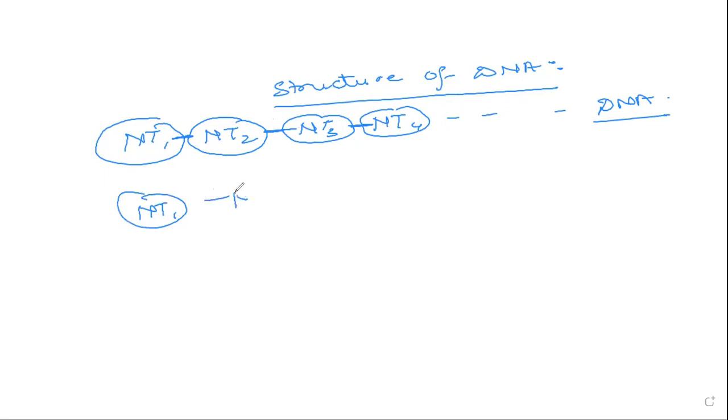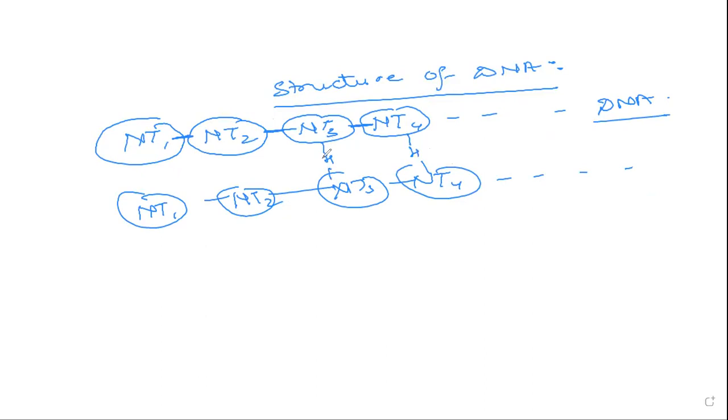And these 2 chains are joined together by hydrogen bonds, because they will have base pairs in between, and these base pairs are joined by the hydrogen bond. What were these base pairs? These were either AT or GC.